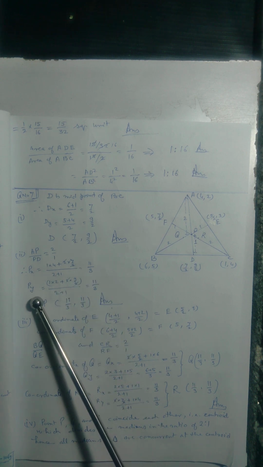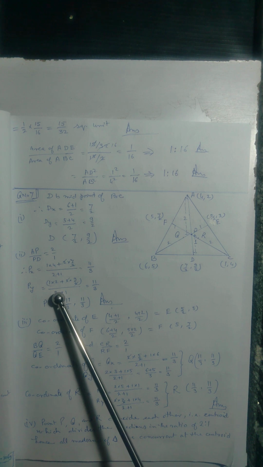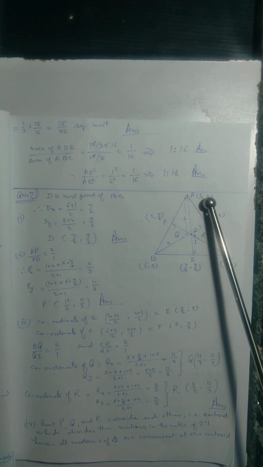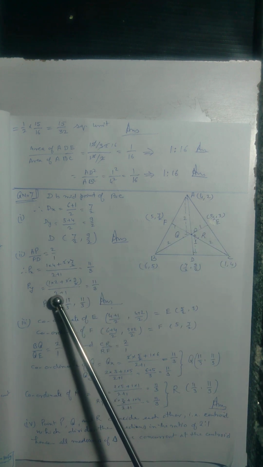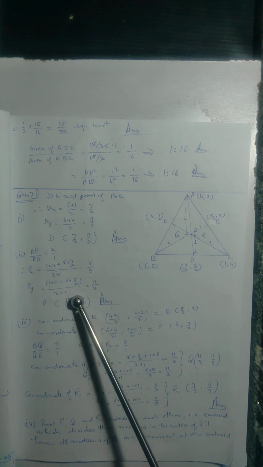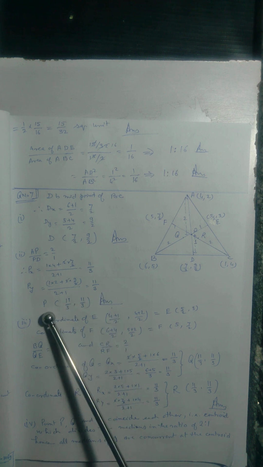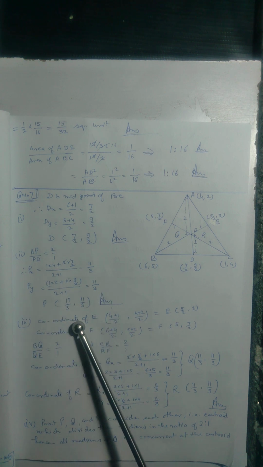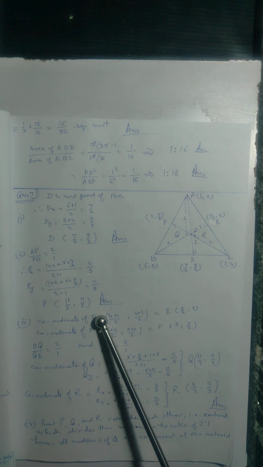Similarly for Py also, (1 into 2 plus 2 into 9/2). Again solve it, you will get 11/3. So the coordinate of the point P is 11/3 and 11/3.